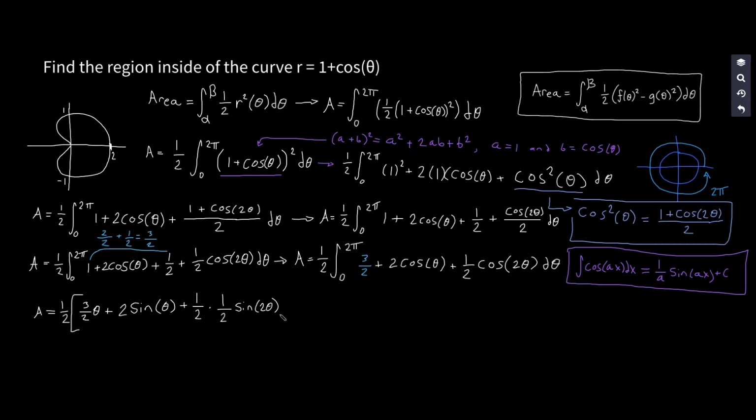We just integrate. Then this is evaluated from 0 to 2 pi. However, that 1/2 times 1/2 is going to become 1/4, so just go ahead and specify.